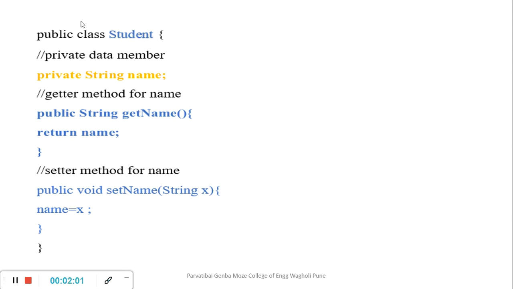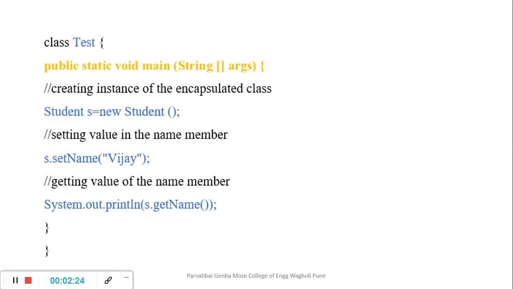So what we have done in this class is declare one string name of the student, and provide two methods, setName and getName, to access the name variable. So this is an example of encapsulation.